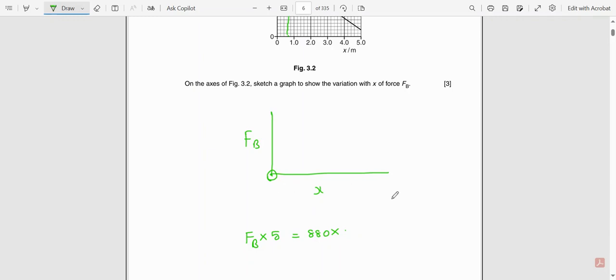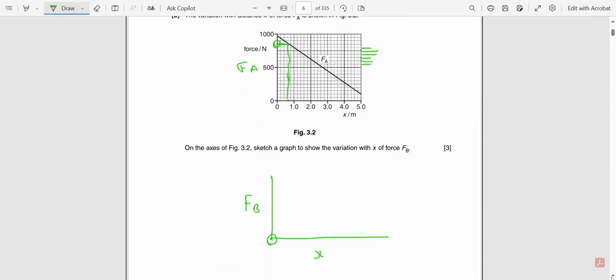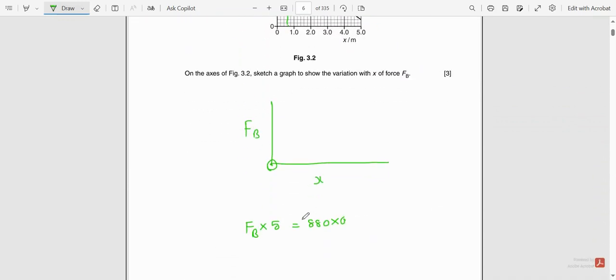I'm sorry. Actually, I have to consider that point. If you want to calculate FB, you have to consider point A, right? So X is 0 means 880 into 0. Okay. And then 200 into 2.5.